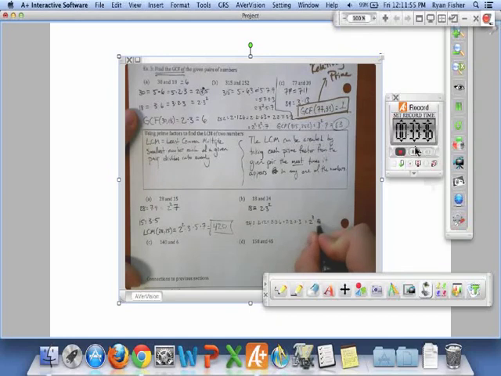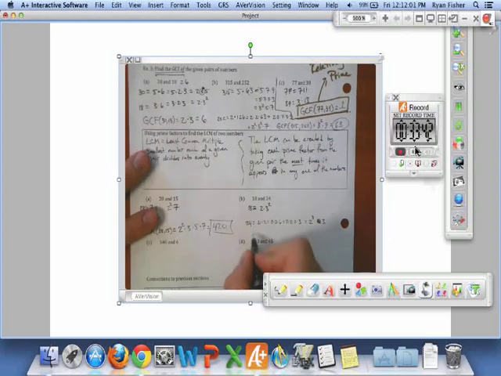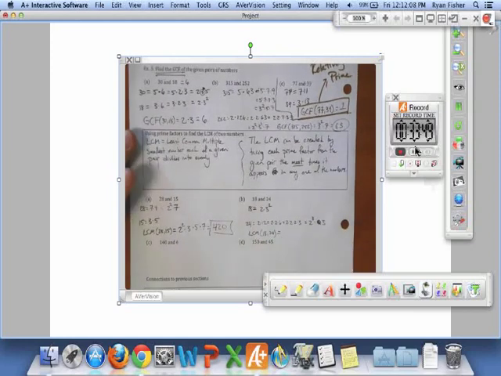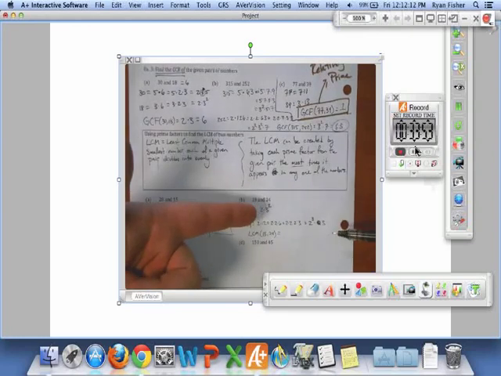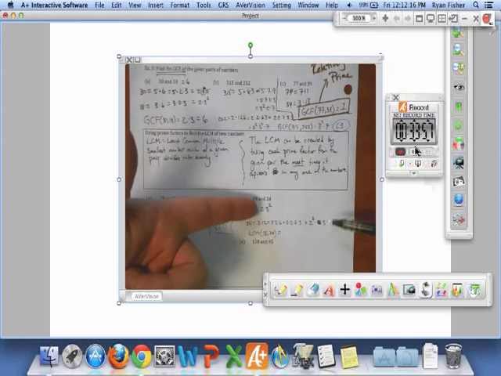Okay, so I want to know the least common multiple. So I'm going to look at each of these two prime factorizations. I'm going to find all the different primes I see. So what's one of the primes I see? 2. What's the most times I see 2 in any one of the lines? This one. So my LCM is going to have a 2 to the third. Okay, is there another prime that I see? I see a 3.